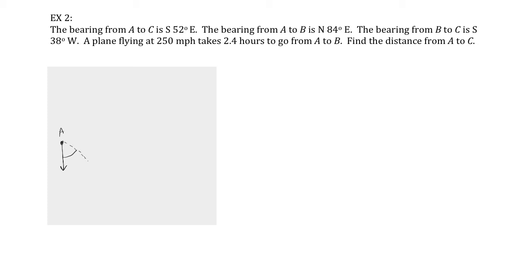Somewhere along that line is my C. Now, the bearing from A to B is 84 degrees from north. So in the direction of north, I turn towards the east, and I don't quite get to 90 degrees, it's about 84. So this is 84 degrees, and there is my B.